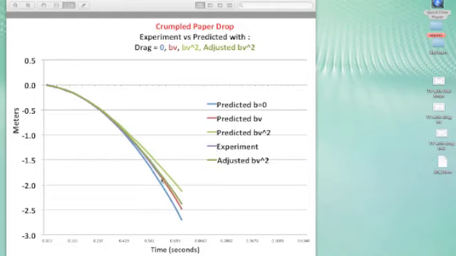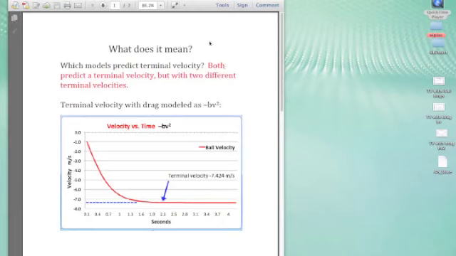That actually ends right here, but it's a fairly good fit with just B times V. And we have the initial drag force times the velocity squared out here. We did some adjustments. We cut the value down in half by trial and error, and we arrived at a fairly close fit on the curve. So both the B times the velocity and the B times velocity squared were a good fit on this graph.